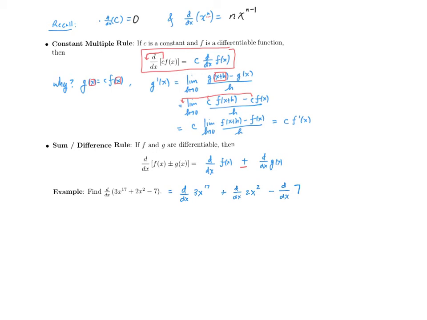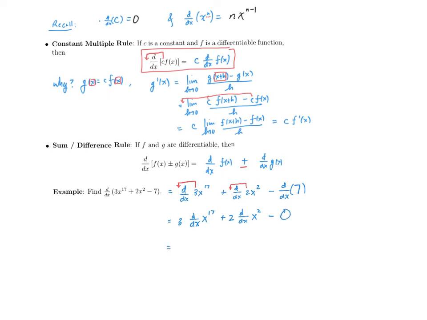Working our way from left to right, in the first two a constant can be pulled in front of the derivative. So this would be 3 times the derivative of x to the 17th plus 2 times the derivative of x squared, and the derivative of a constant is always 0.